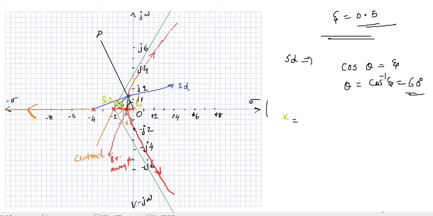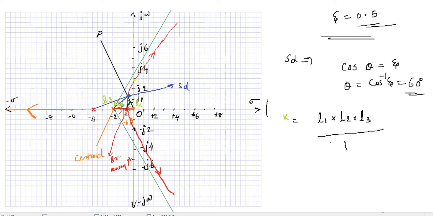We already have L1, L2 and L3. So K is equal to L1 into L2 into L3, divided by the product of the lengths of vectors from all zeros to the dominant pole. Here there are no open loop zeros, so we can write the denominator as 1 only.